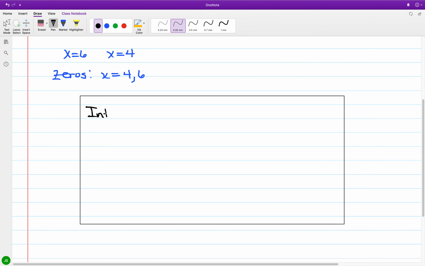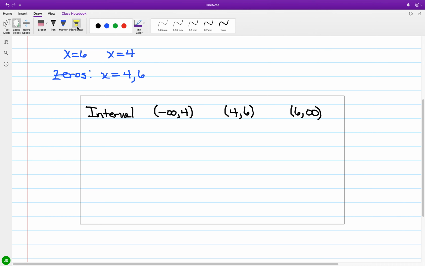You have an interval starting from negative infinity approaching 4, but not including 4. Then going past 4, approaching 6, but not including 6. For the remainder, since no other zero exists, going past 6 and heading out to infinity.